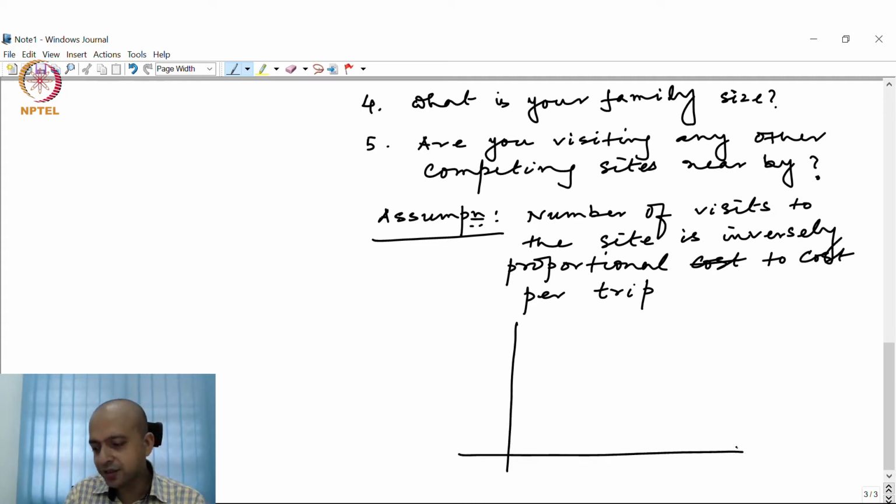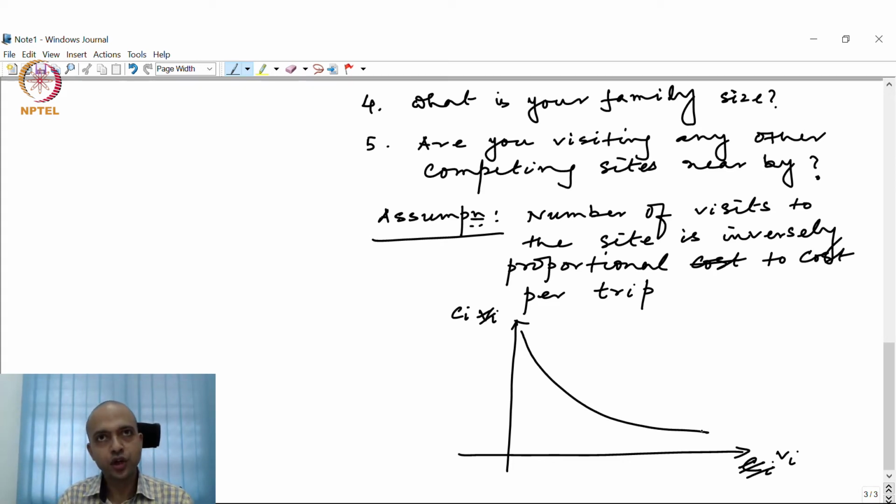Just like any other standard demand function, if we measure cost on the x-axis and number of trips on the y-axis, with C here and Vi here, we see this type of function. For example, we may consider only two visitors.